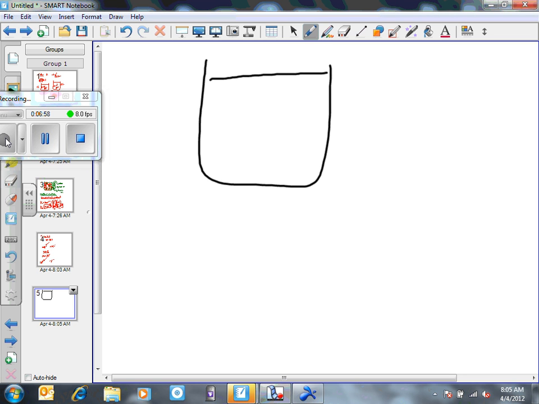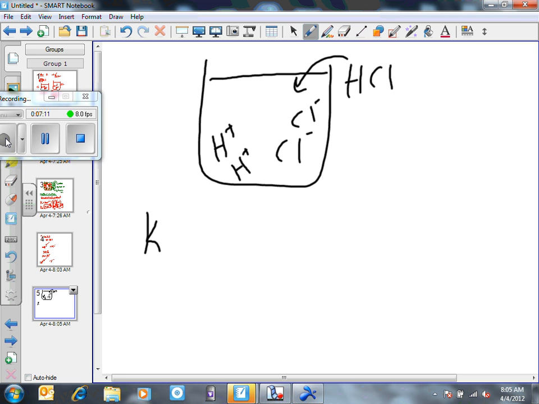If I put HCl in water, then I get these protons floating around, and they're taking up space because remember we had that ion product constant, which is 1 times 10 to the negative 14.